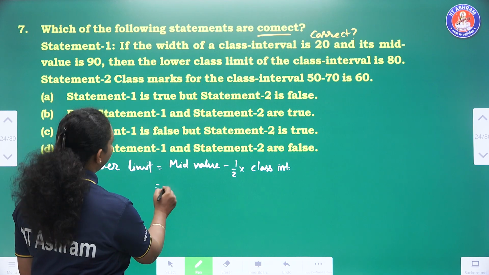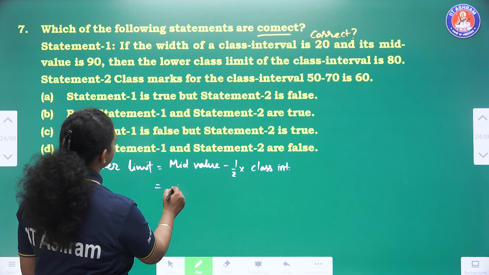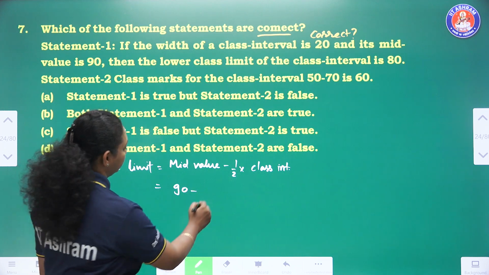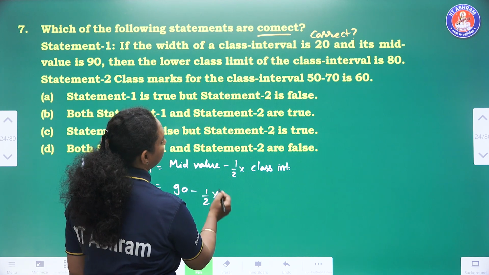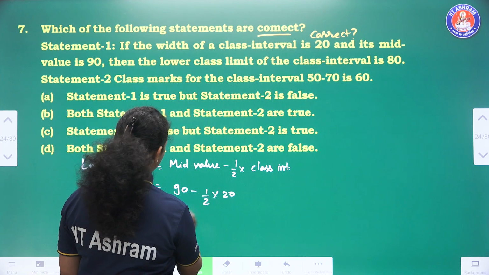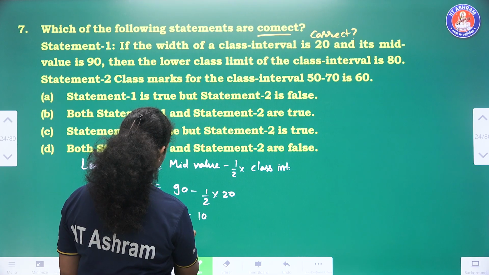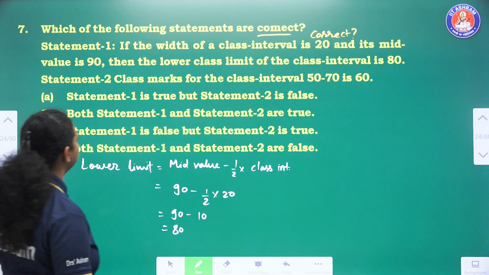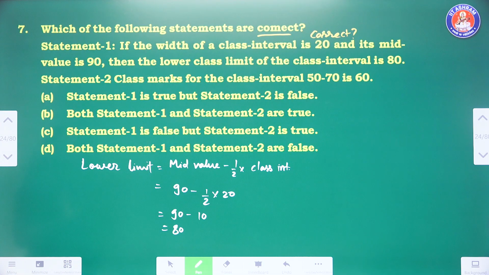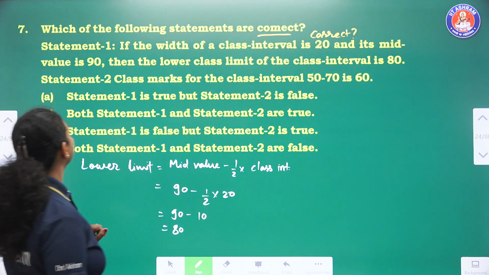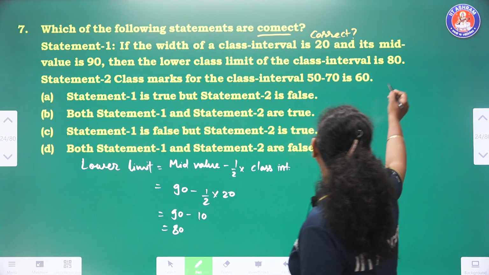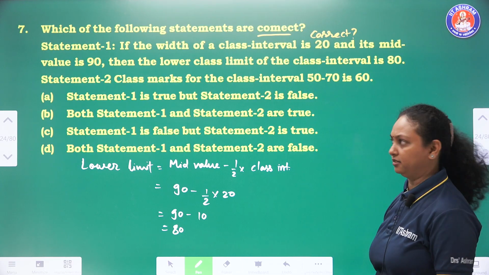So the mid value is given to us as 90 and the class width is 20. So 90 minus 10, which is equal to 80. So statement 1 is true, right? The lower class limit of the class interval is 80. So statement 1 is correct.